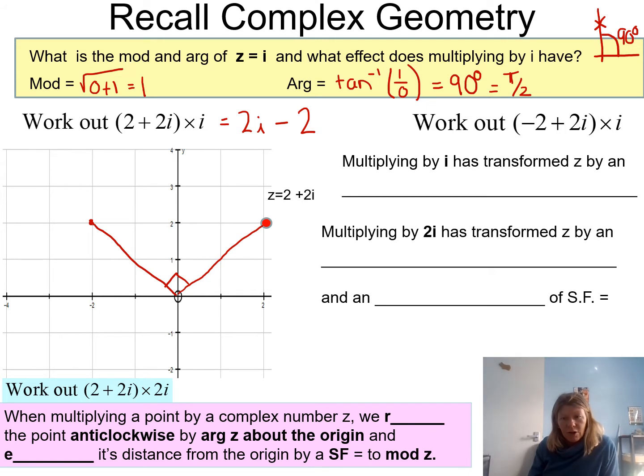Multiplying by i has transformed z by a rotation anti-clockwise of pi by 2 or 90 degrees, and in fact, no enlargement.